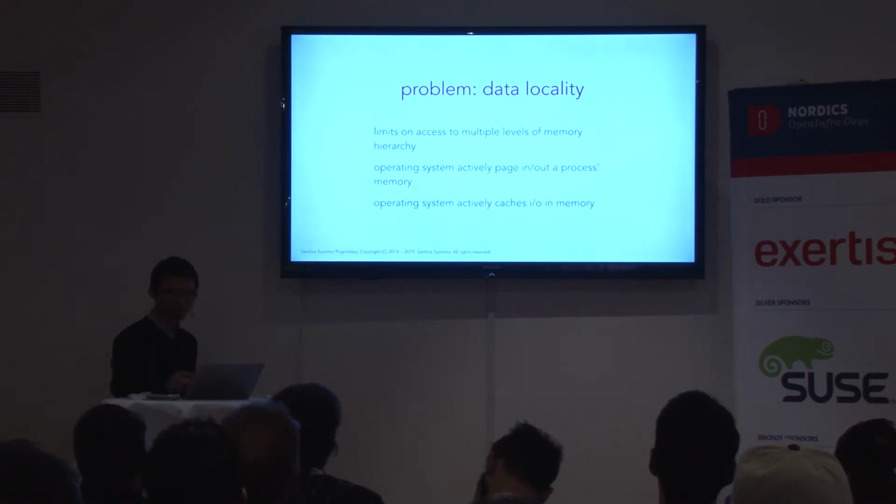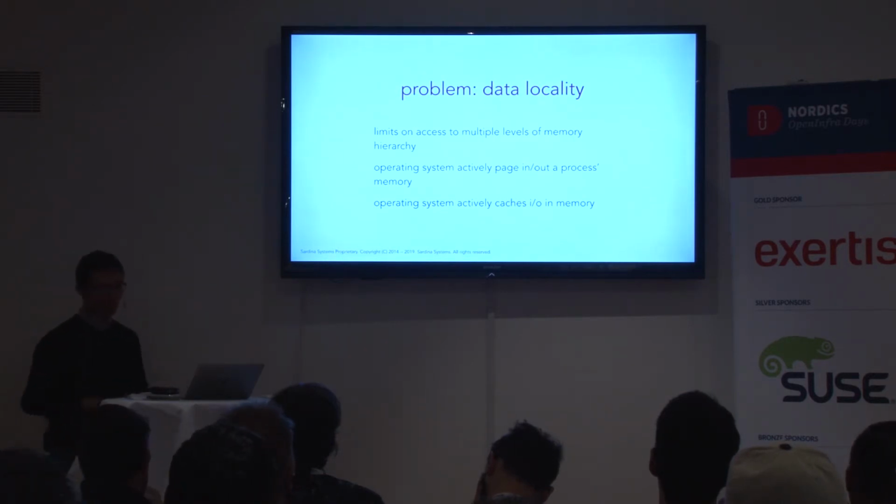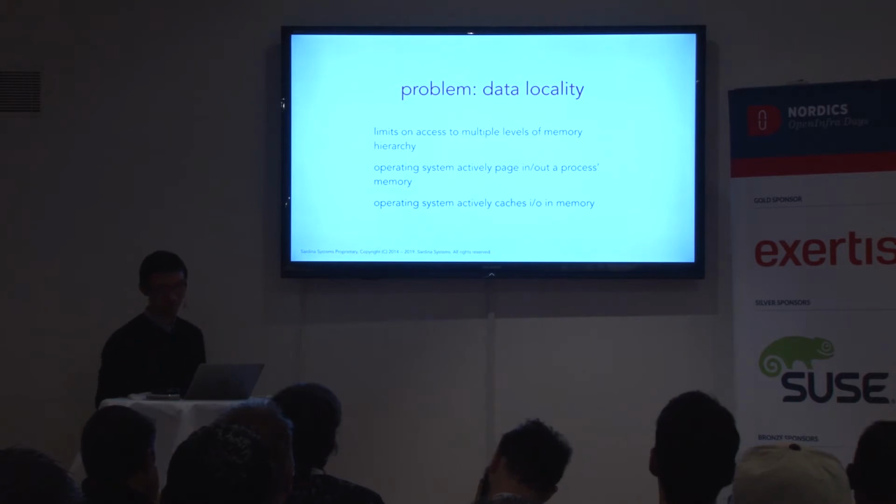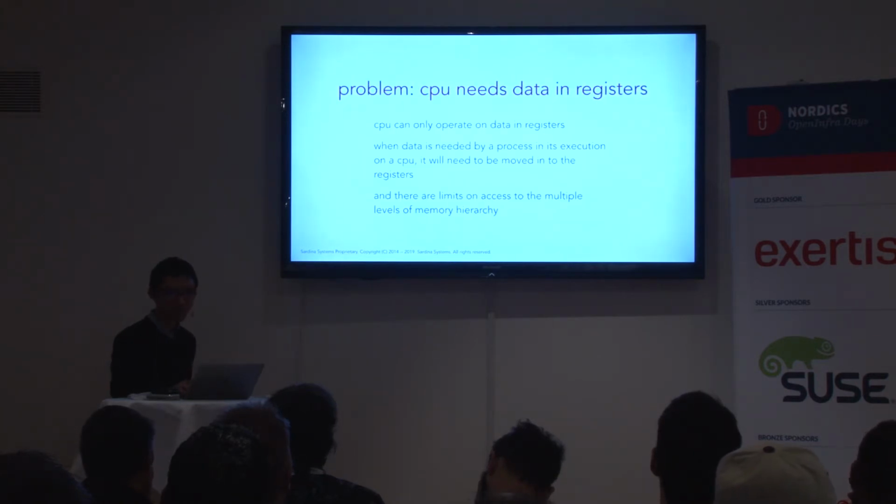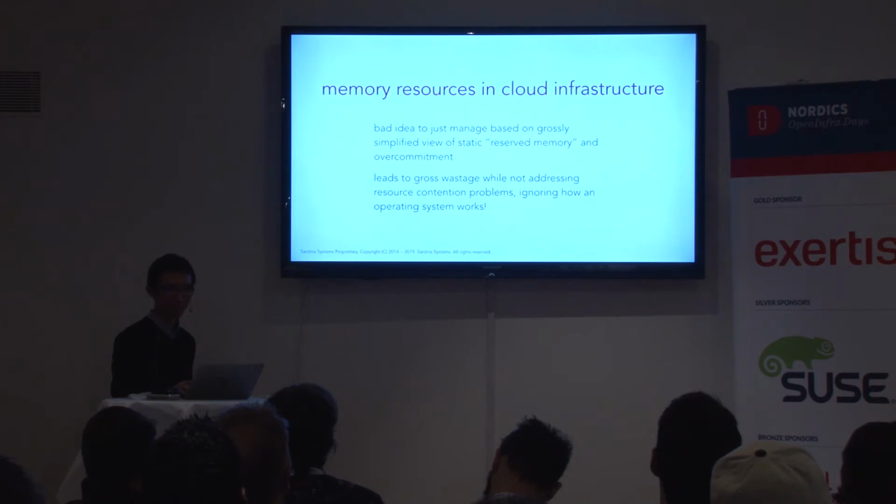And it doesn't take into account caches, it doesn't consider that the OS will try to actively page process memory in and out. And worse, it doesn't realize that data can only be accessed by the CPU in registers. Crap. There's a problem.